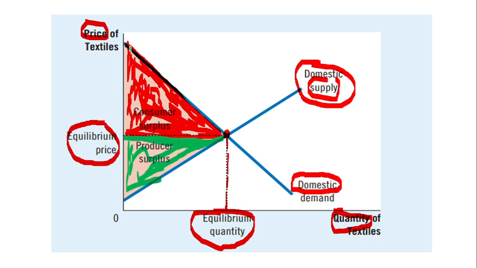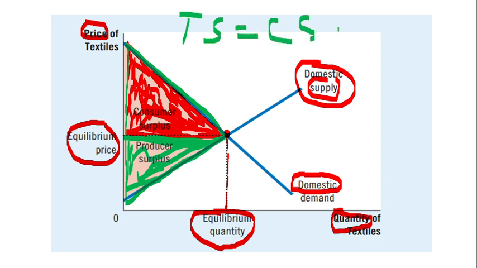So together you can say that this total area shows total surplus or total benefit. Therefore total surplus is equal to consumer surplus plus producer surplus. You can name this area, for example, TES.